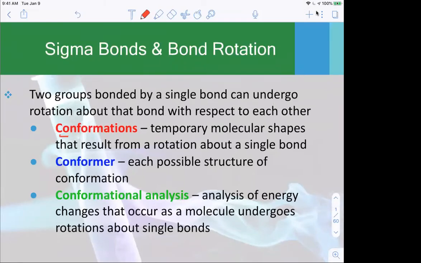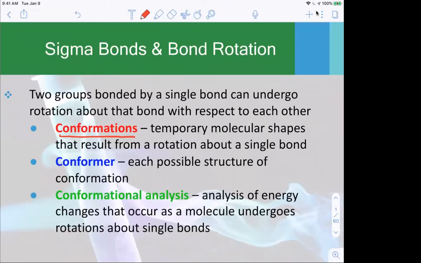First, we have conformations, which is a temporary molecular shape that results from a rotation about the single bond. I did not break a bond or do any chemistry. I'm just simply rotating sigma bonds, and I can cycle through a variety of conformations just by rotating bonds.